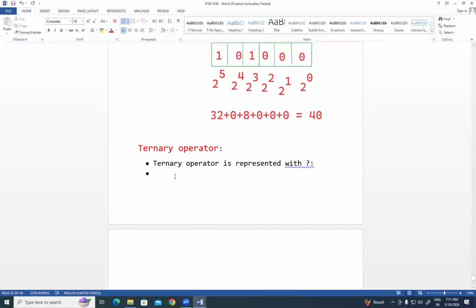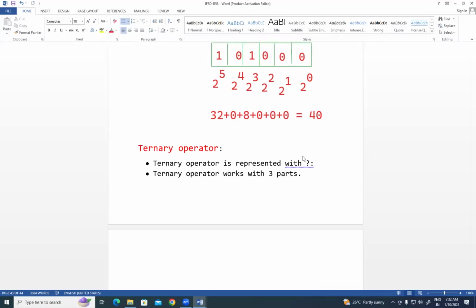Here we are not calling them values. Folks, please understand me, I'm not calling them values, I'm calling them parts. So the ternary operator works with three parts.